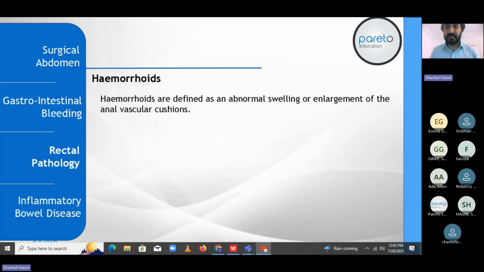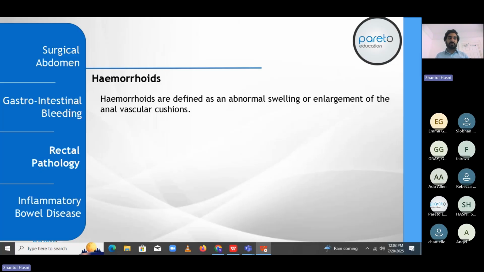They are defined as abnormal swelling or enlargement of the anal vascular cushions. I'd never heard of this term before, but we do have these vessel-like cushions in the anal canal, extending from inside the anal canal all the way to the outside as well.